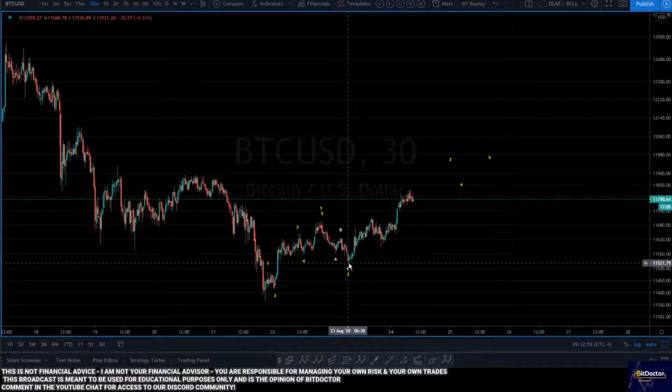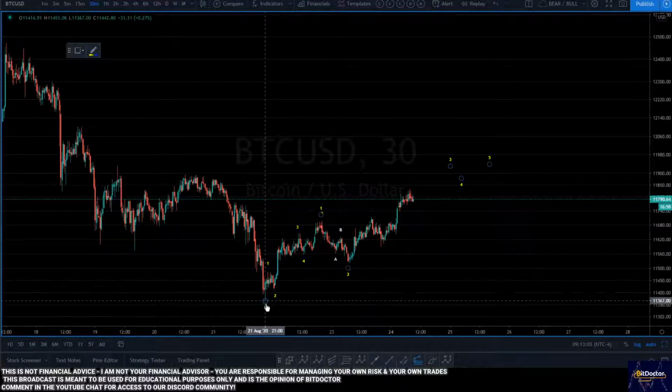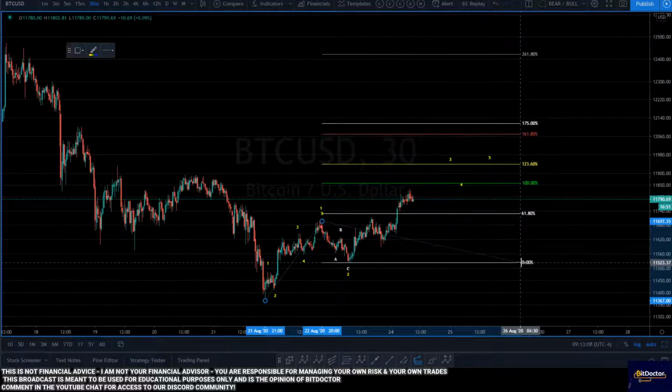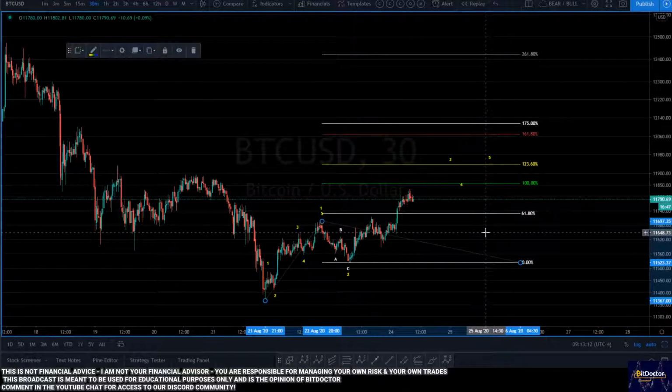So now that we know that hit the 50, let's pull our trend-based fib extension tool, and we're going to measure all this off, right? Let me get that right there, and then we'll pull back to where we did our pullback. Now from here, this is the key, right?